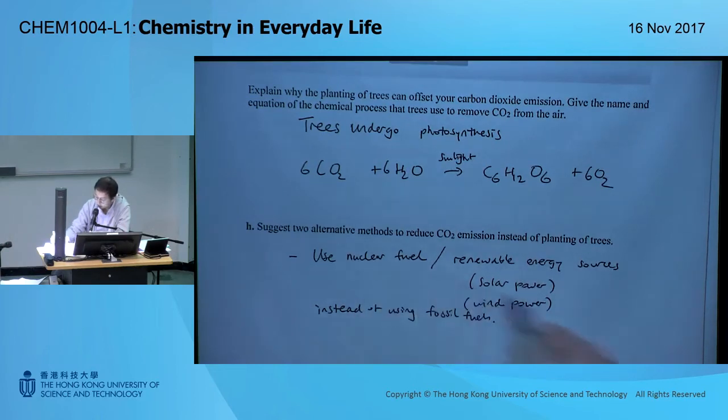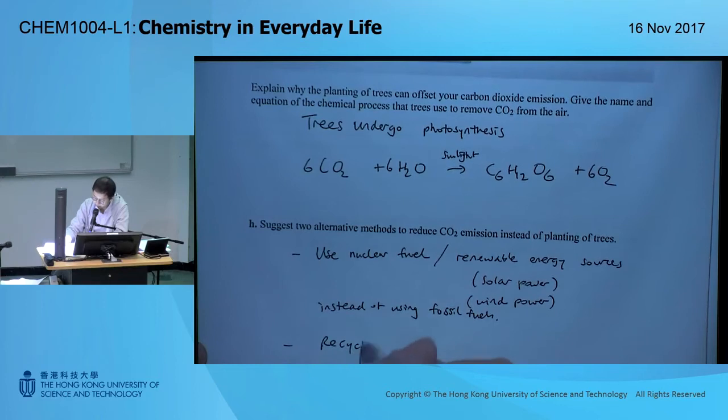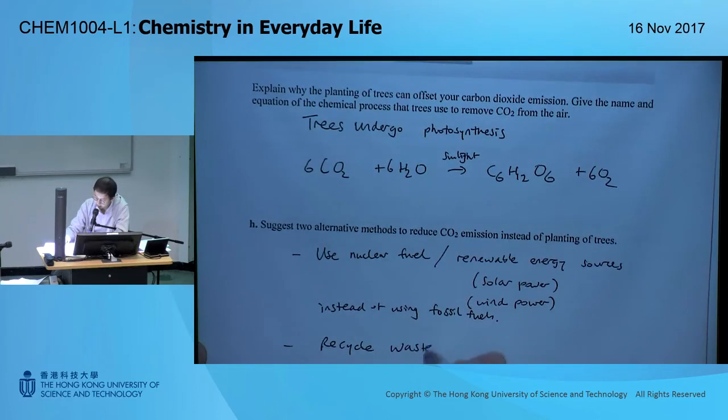So use nuclear fuel or other renewable sources instead of fossil fuel. This is one thing. Another thing, very easy for yourself, is to perhaps recycle your waste. That would be a good way as well.